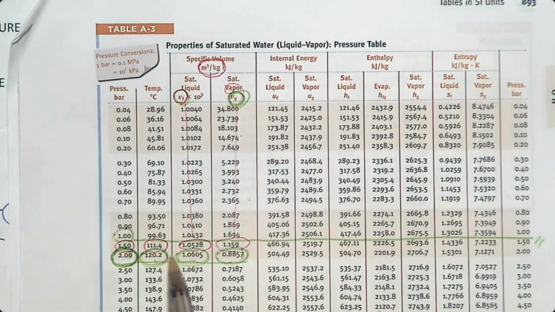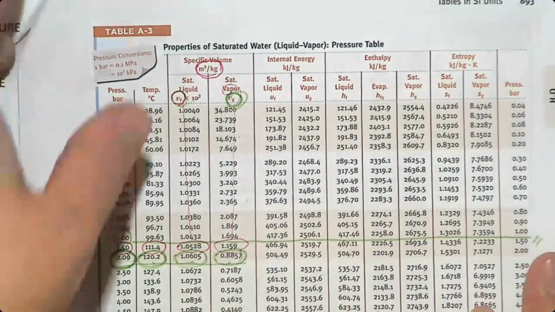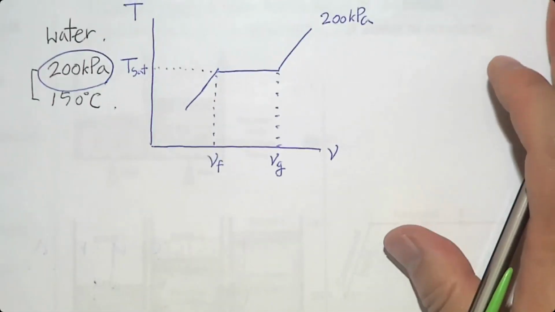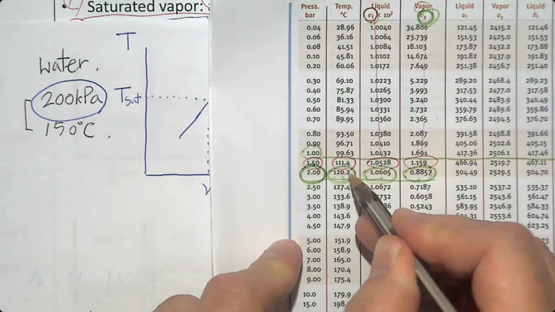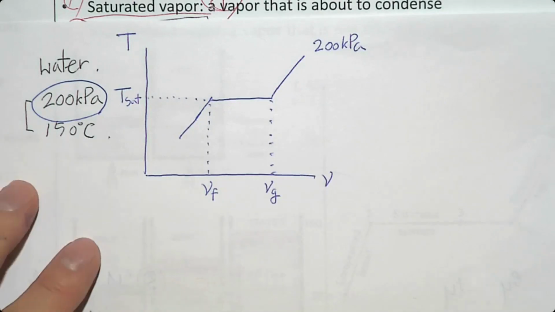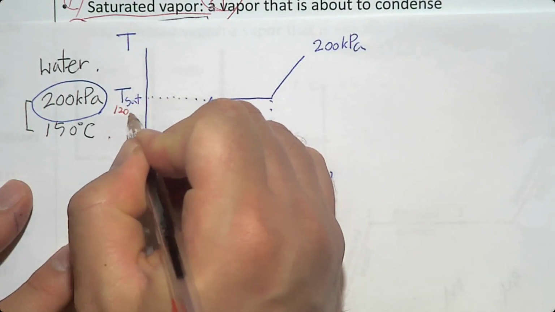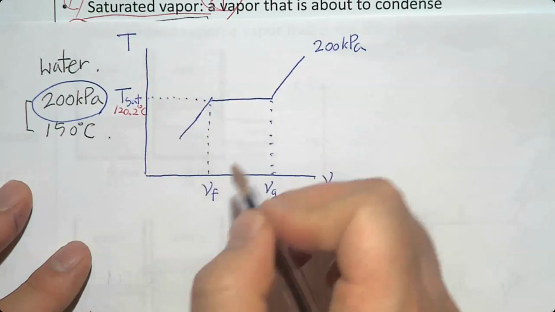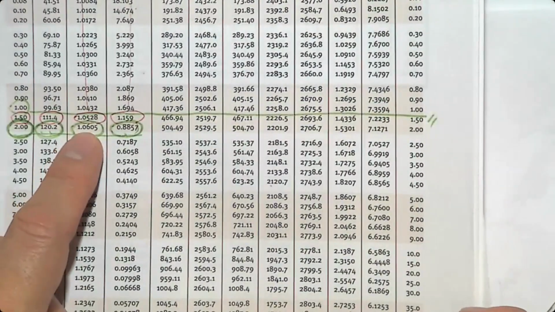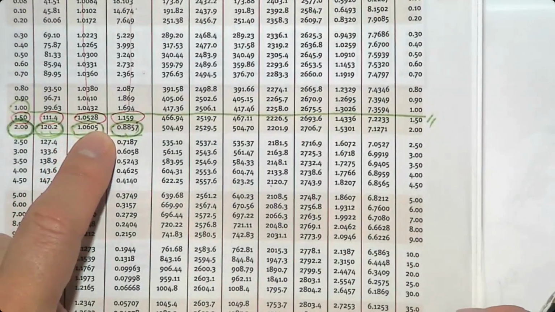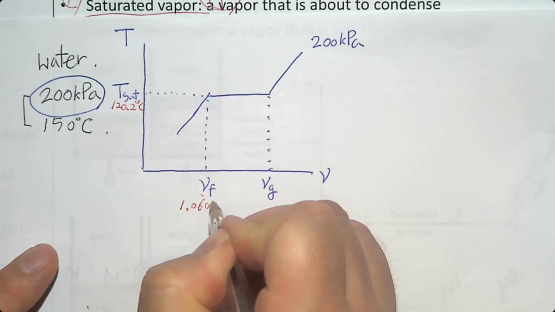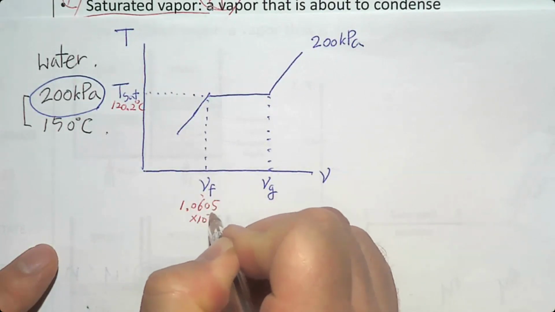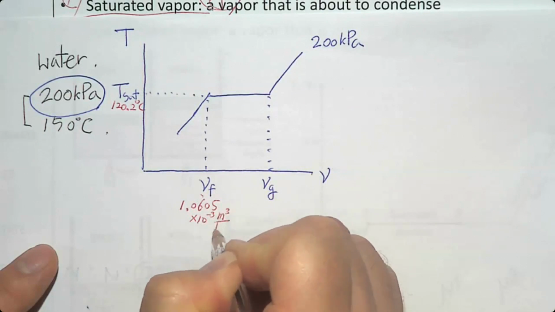So let me write these 3 values on this TV diagram. T sat first, 120.2 degrees Celsius. What about Vf? 1.0605 divided by 1000, 1.0605 times 10 to the minus 3 cubic meters per kilogram.